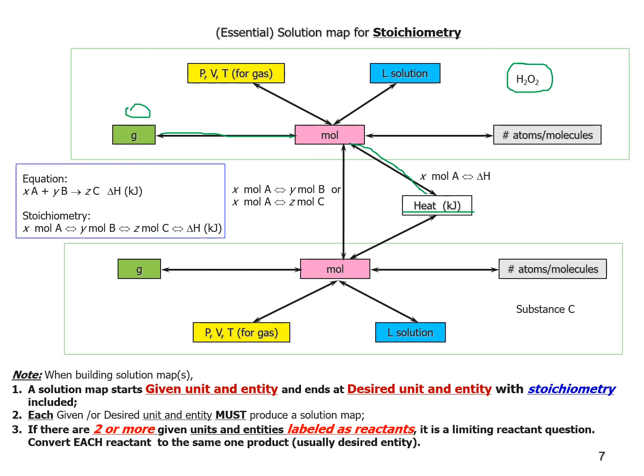This is exactly the solution map that we're going to pick for question A. So again, keep that handout handy, because with that handout, we can solve any stoichiometry problem in Chem 1 class.